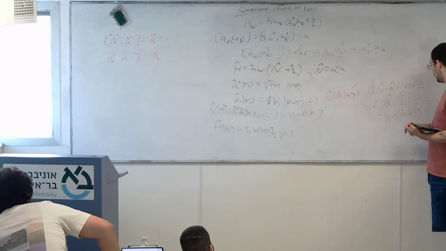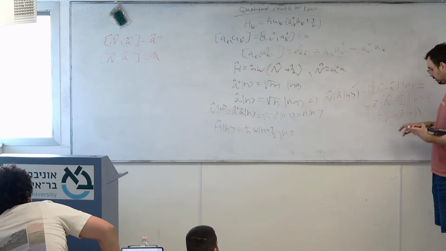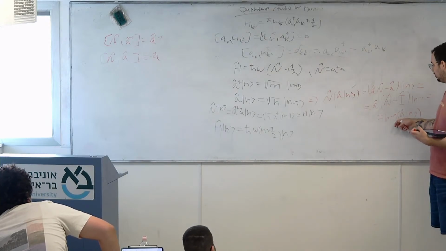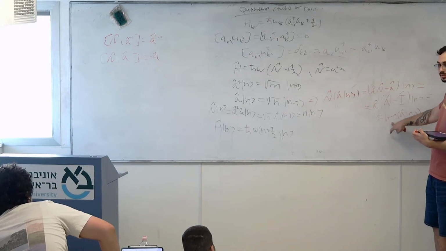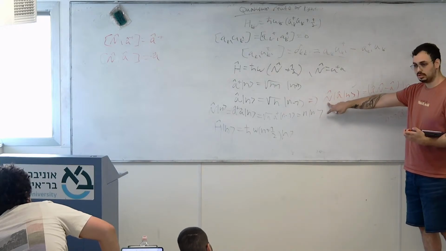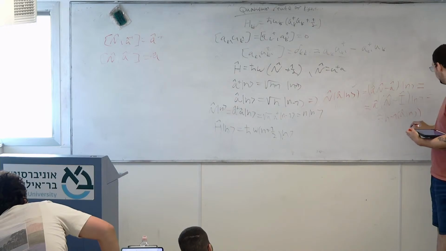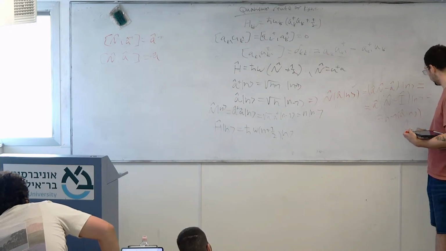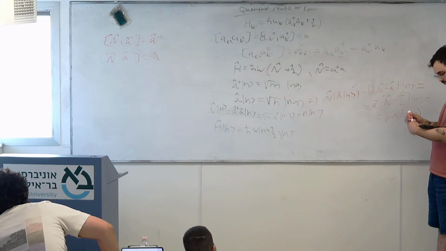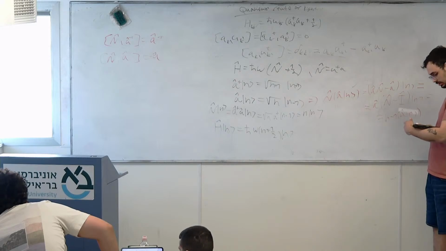But note that n minus 1 is the eigenvalue of n if this term will be equal to n minus 1, right?